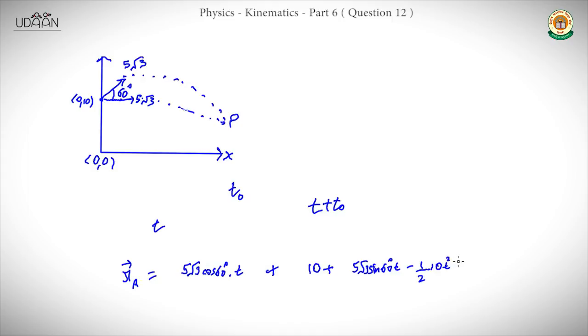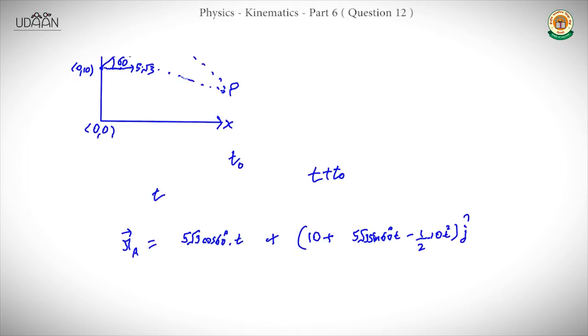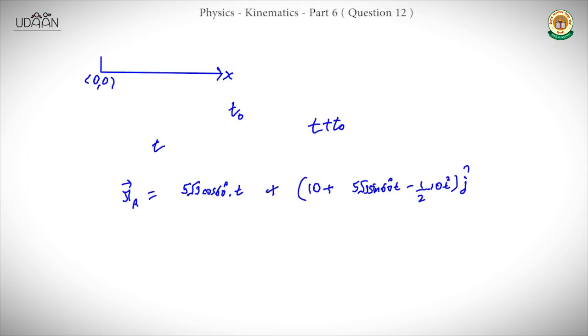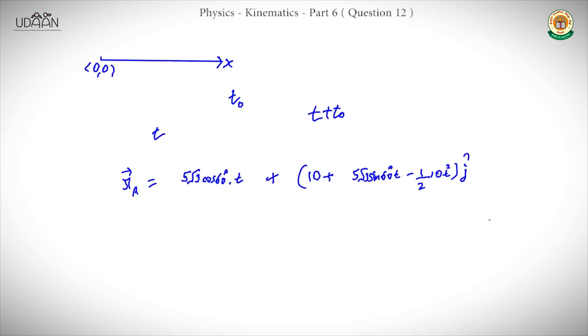You're using the familiar equations of motion, and we are adding 10 because the height of the hill is 10 meters. At t equal to 0 the y coordinate is 10, so delta y is equal to that, and we have to add y0. We are using the familiar formula s equal to ut plus half at square.